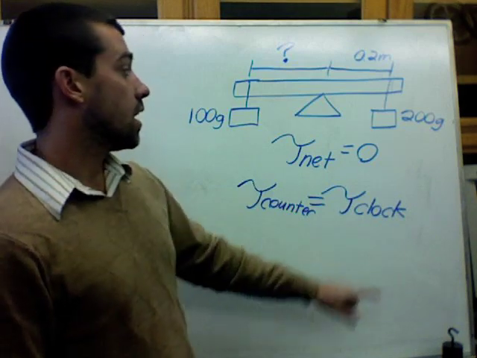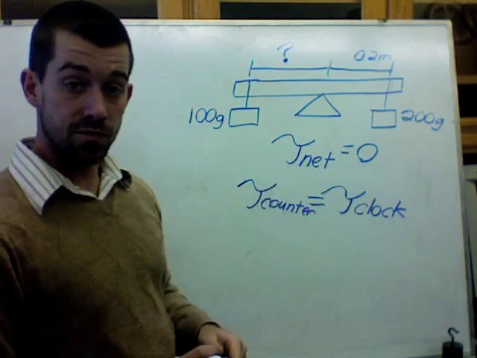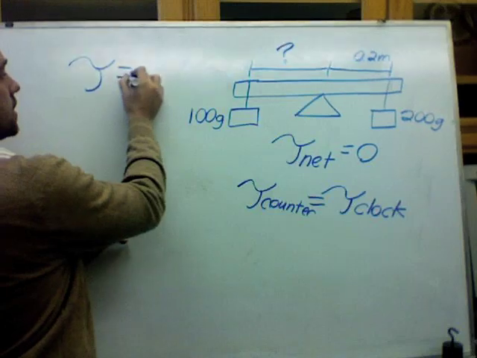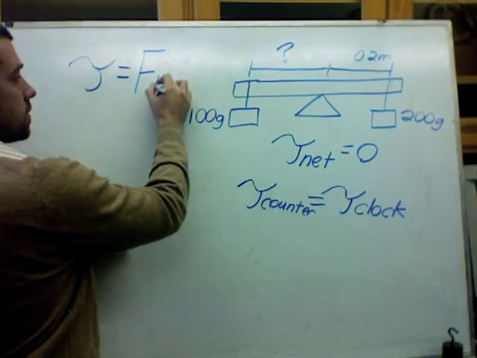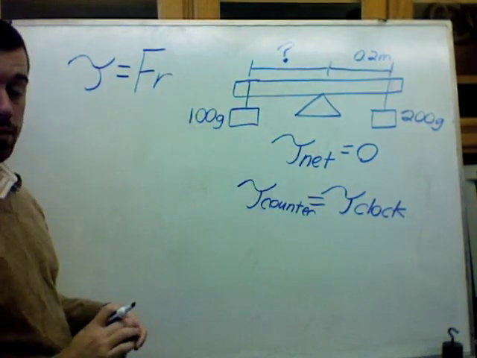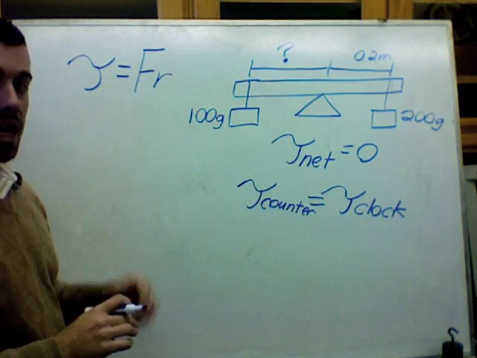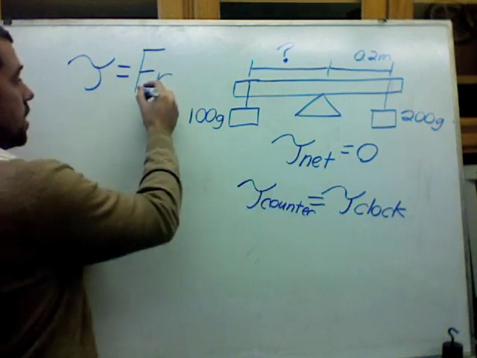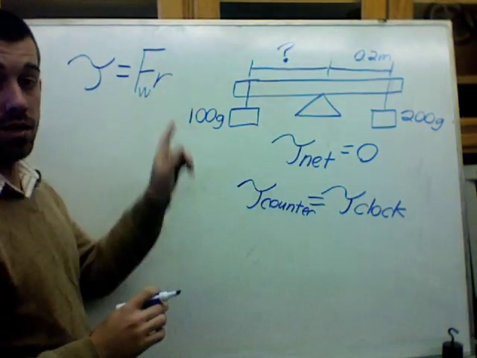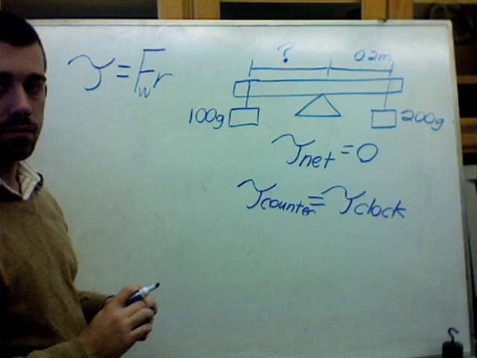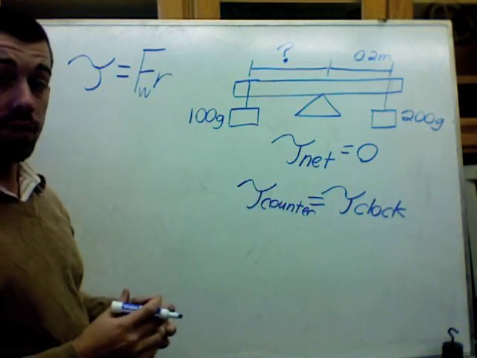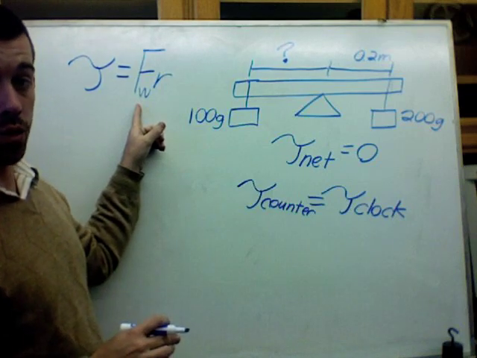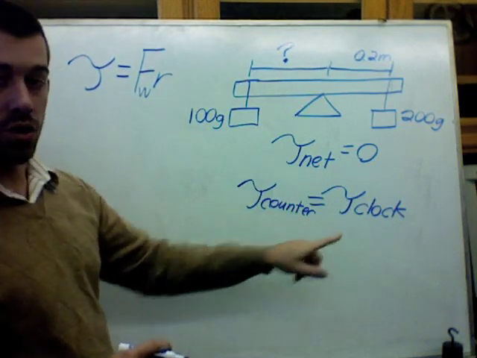Well, from previous videos, we know that the torque is equal to the force times the radius. Always. In this case, the torque is equal to the force of weight of these masses times the radius. And so we can plug in this equation to help us solve for both of these.